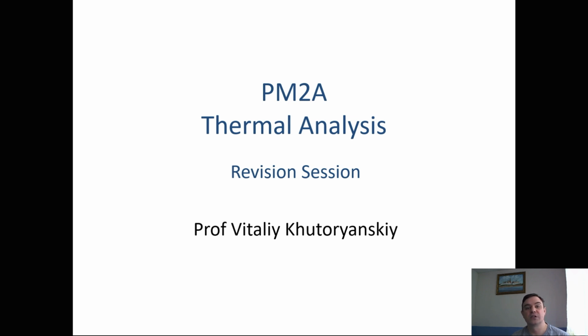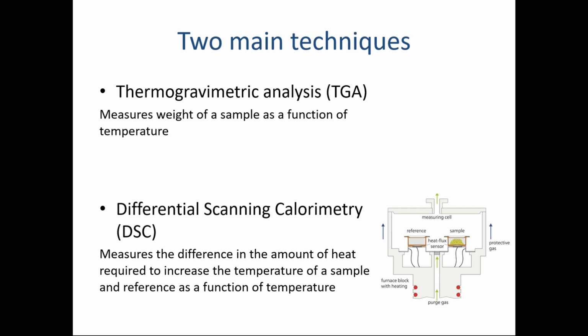different pharmaceutical materials. The first technique, thermogravimetric analysis, or TGA, measures the weight of your sample as a function of temperature. You use a small amount of your sample, a few milligrams. You put it into the TGA instrument, into a special sample container. Then this container is sitting in an oven, and its weight is measured simultaneously by an analytical balance.